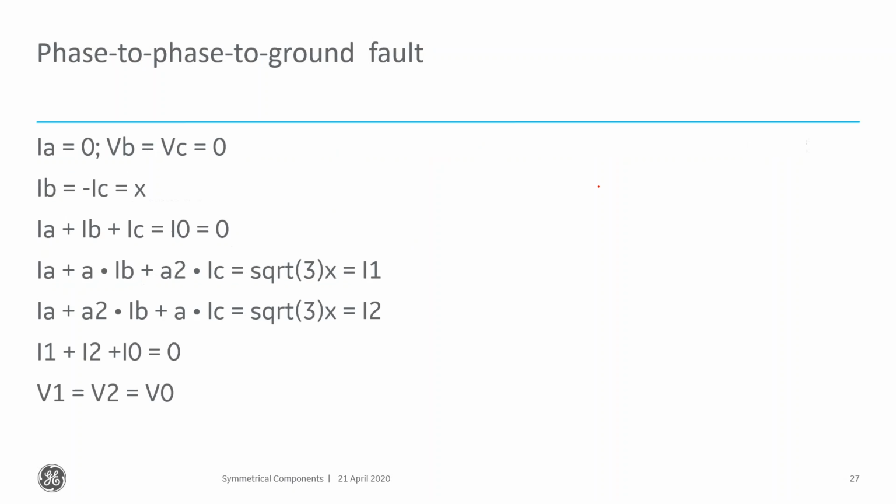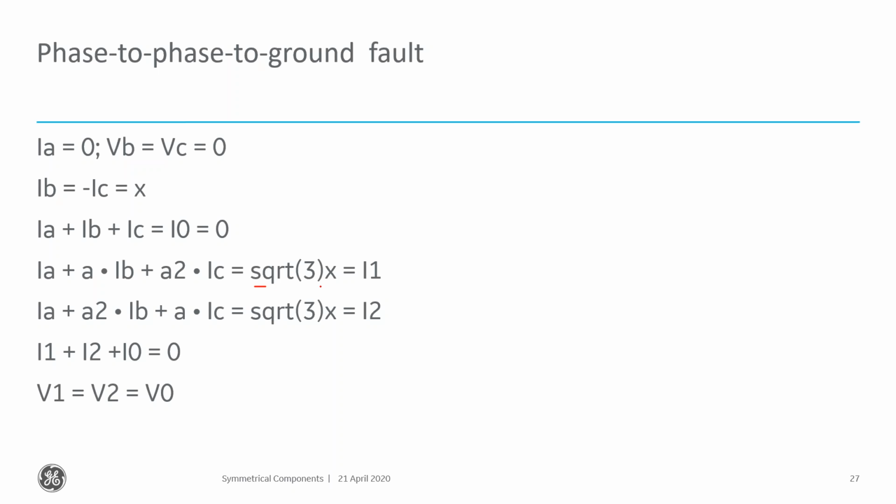So IA equals 0, and VB equals VC equals 0. It's a B to C phase fault, so all the current going out B phase has to come back on C, and that's equal to a magnitude of X. We vectorially sum those, and what we get is 0.